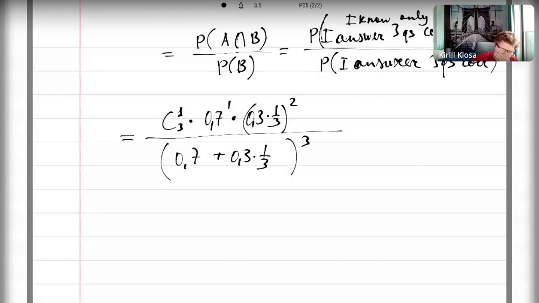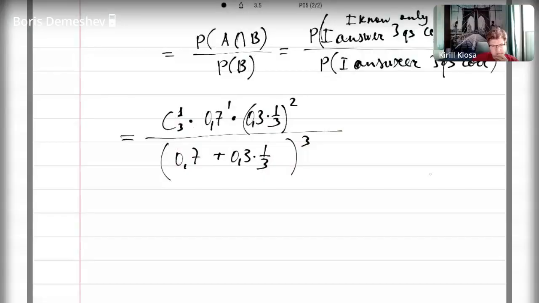So it's similar to binomial distribution. In pure binomial distribution, you have choose k out of n times p to the power k times 1 minus p to the power n minus k. In this case, it's a little bit different because we should be lucky. Not only should we be ignorant for 2 questions, but we should be lucky there.